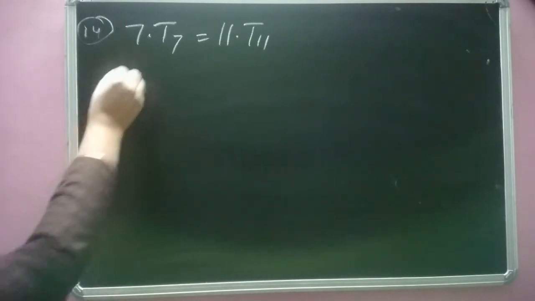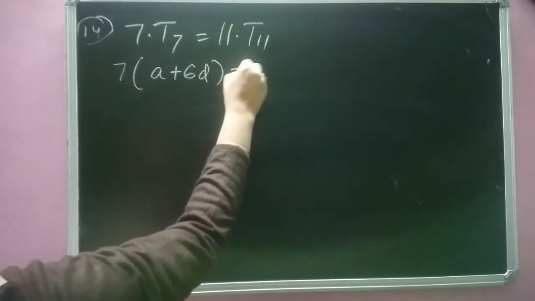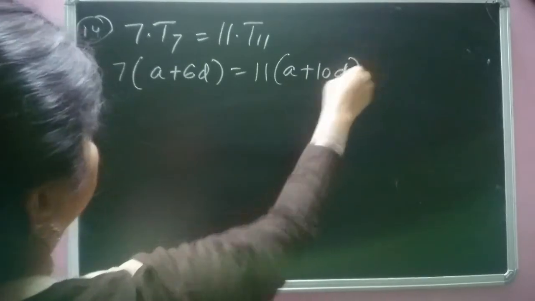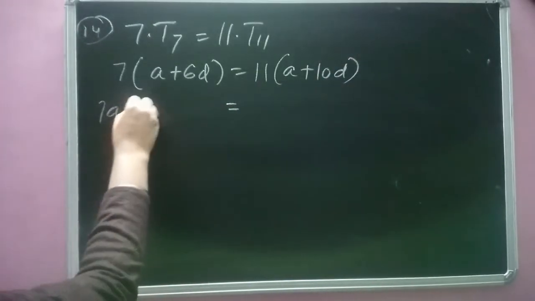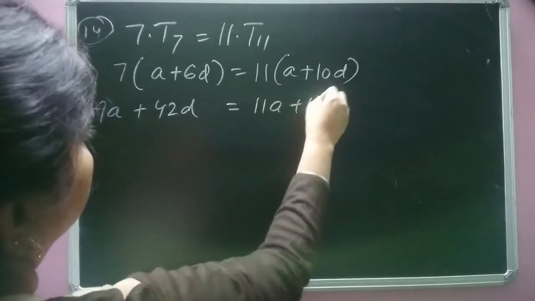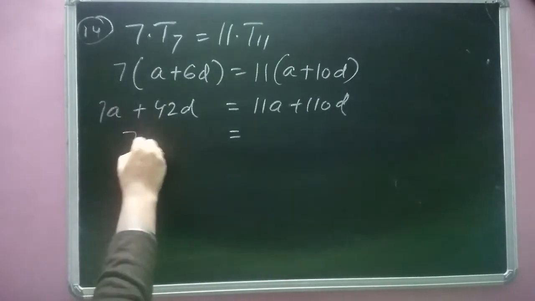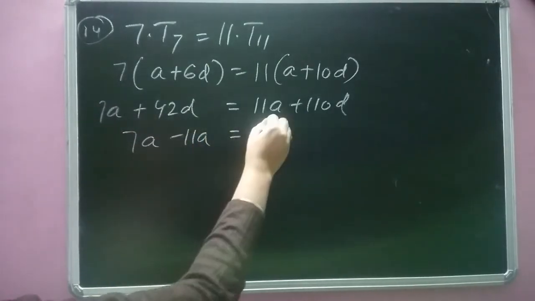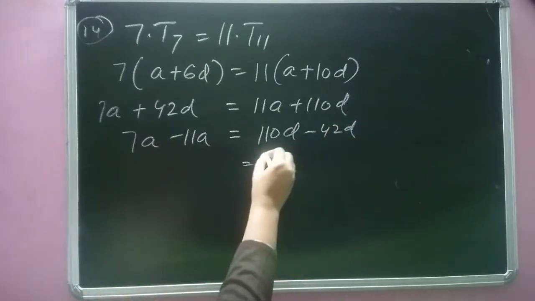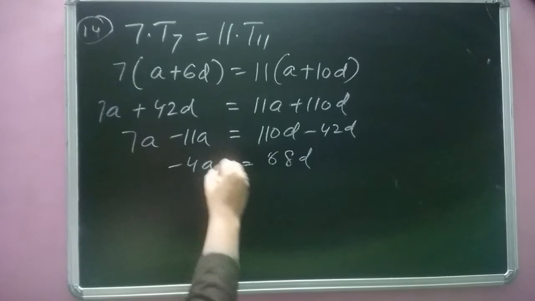So directly use the concept. T7 can be written as A plus 6D and T11 can be written as A plus 10D. Simplify it. 7A plus 42D, 11A plus 110D. Collect all the A's on one side, so 7A minus 11A, and all the D's on the other side. So this becomes 68D and this is minus 4A.